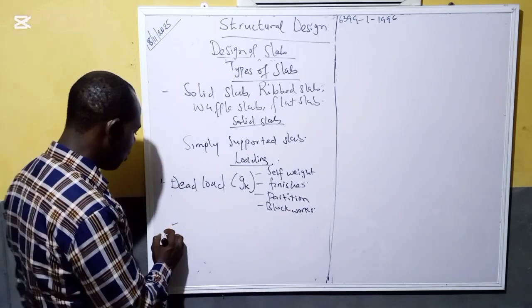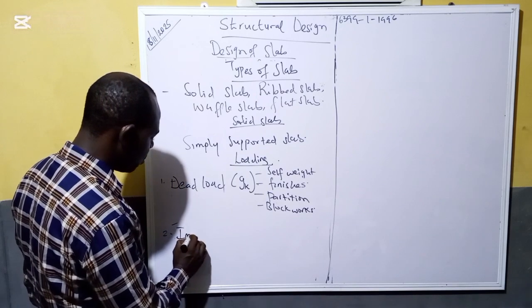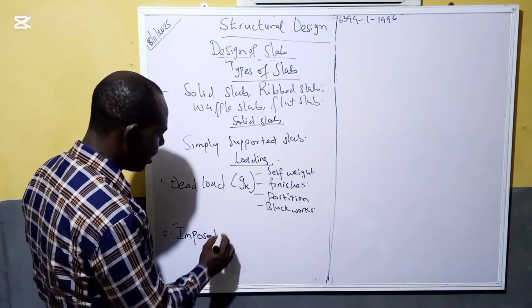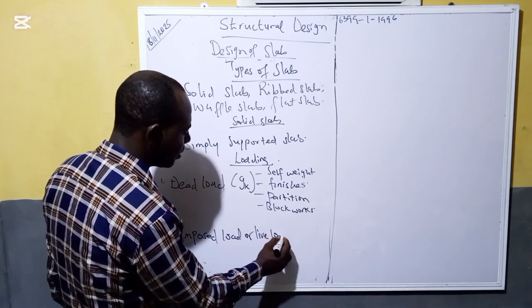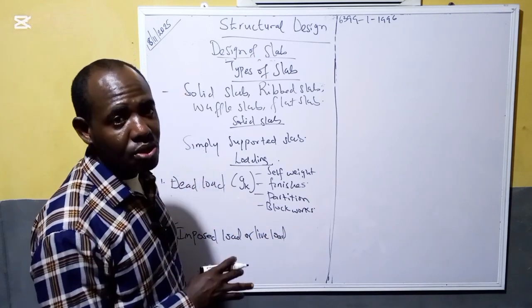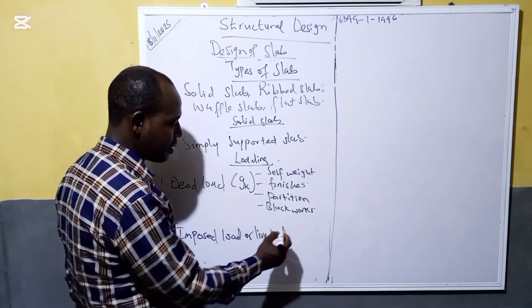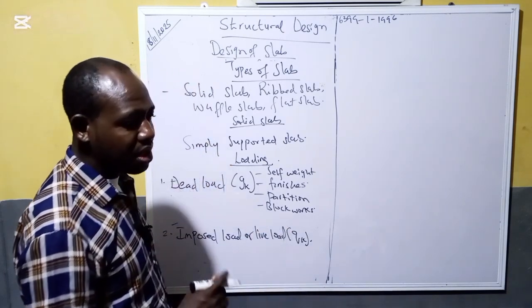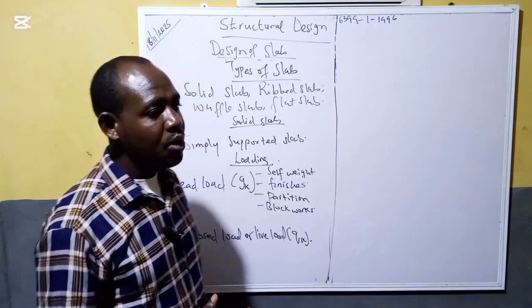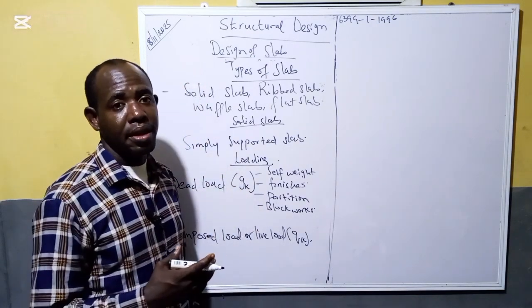Then we have another one we call imposed load, or live load. Either you call it imposed load or live load, and it is represented by Qk. When we talk about imposed load, we make use of the BS code.